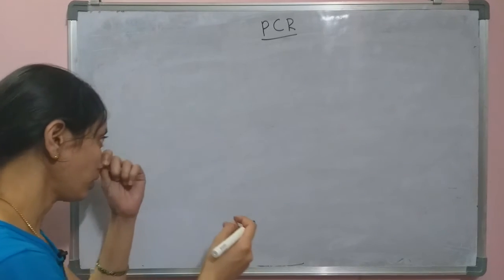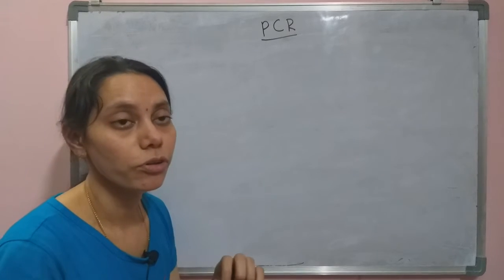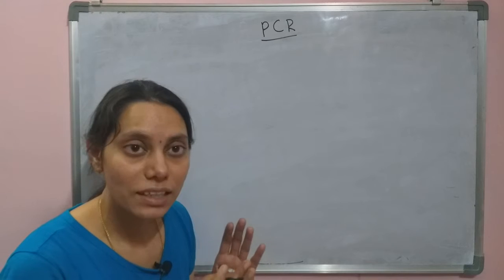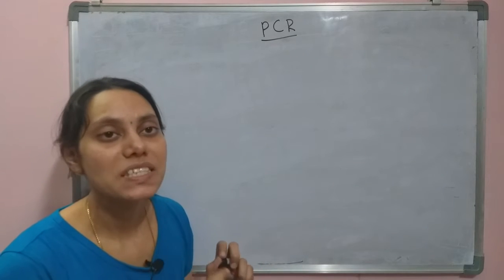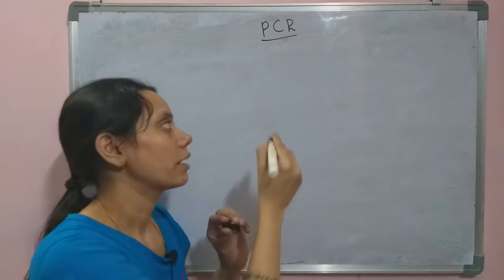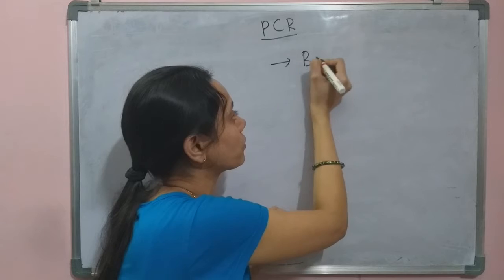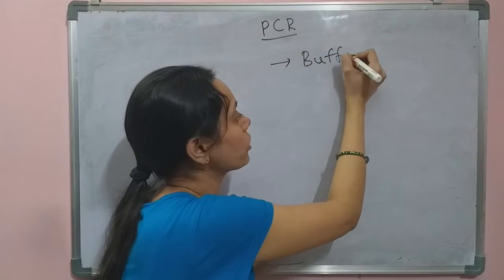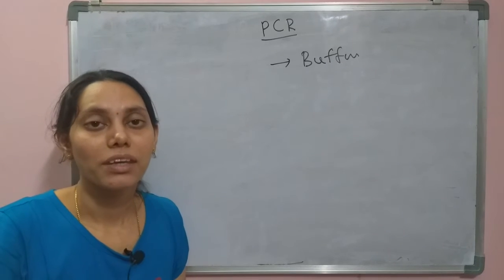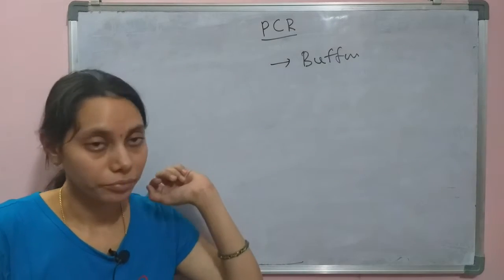So here we need some essentials. Before we go for the PCR reaction, we need to fix the reaction mixture. So the PCR reaction mixture contains some essentials. The first one is buffer. The reaction mixture contains buffer.